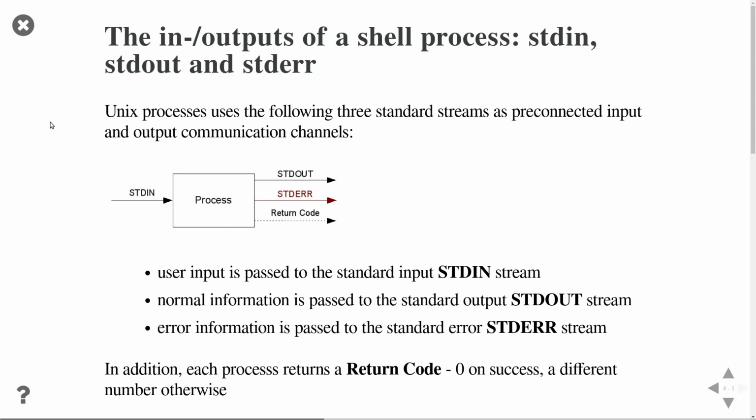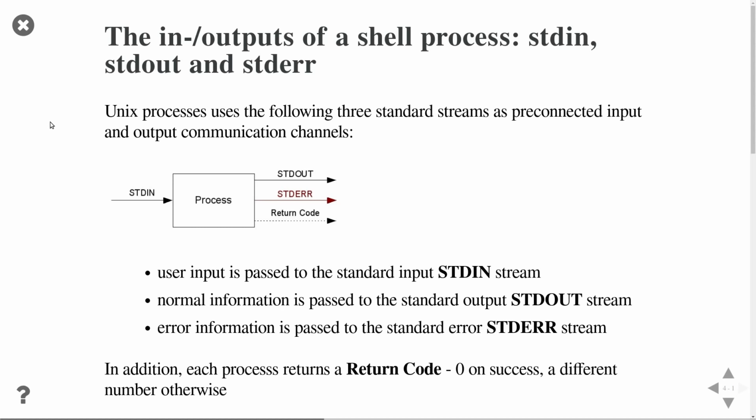And then it also outputs some stuff. And so there's essentially two main channels. There's the standard output that the process writes output to, and there's the standard error channel that the process can write text to. Right?